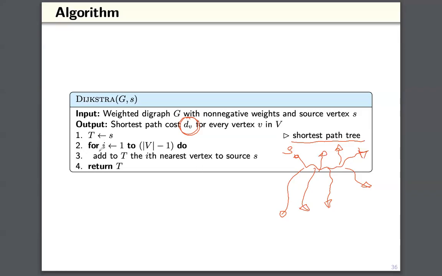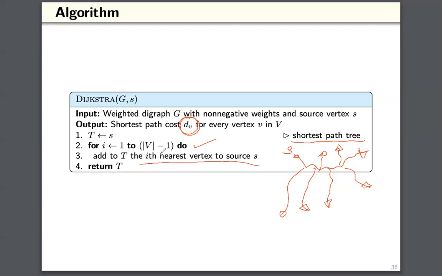Again, it's very similar to Jarnik's. Look at this. For i equals 1 to n minus 1 iterations, add to T the ith nearest vertex to source T. So what's the difference between this and the other algorithm, Jarnik's? There we said add to T the nearest vertex to the tree.